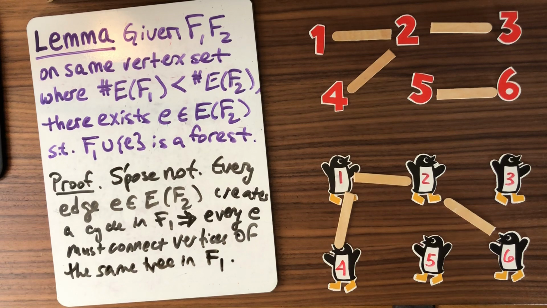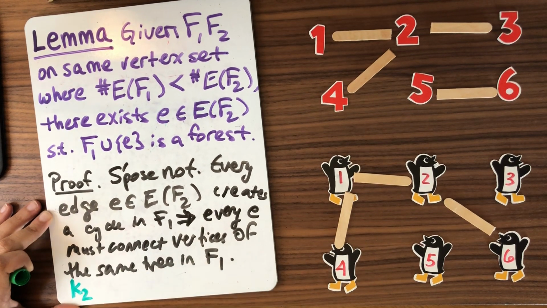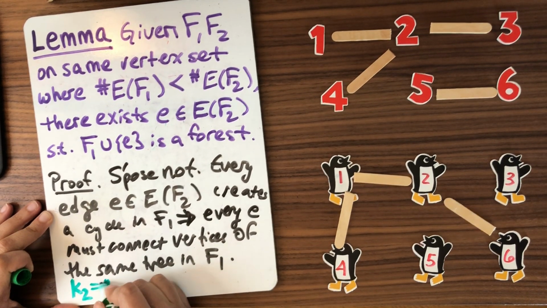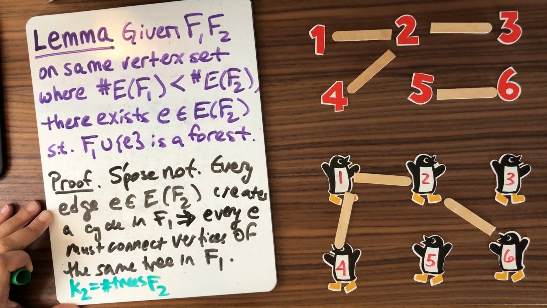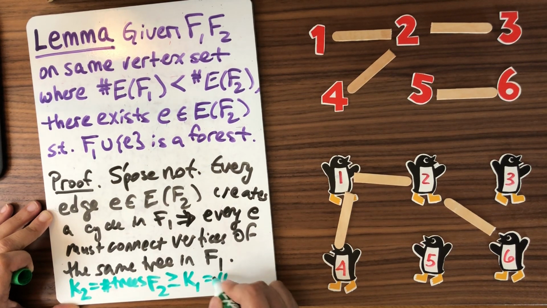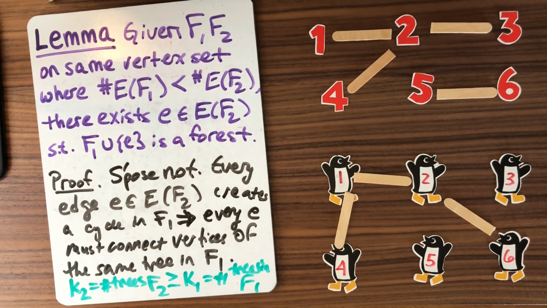That's going to tell me something really important about the number of trees. Let's say K2 is the number of trees in F2. What does that have to be? That has to be at least as big as K1, which is the number of trees in F1. So K2 has to be at least K1. Otherwise, I wouldn't have this statement that I'm always connecting within the same tree.